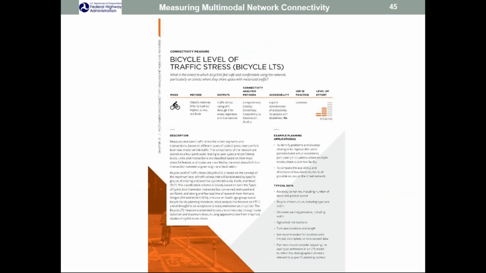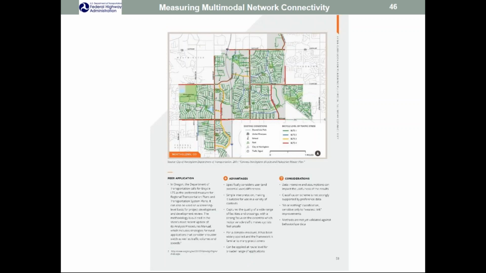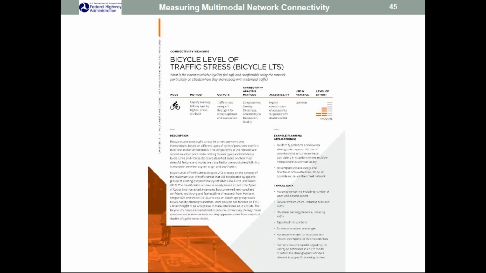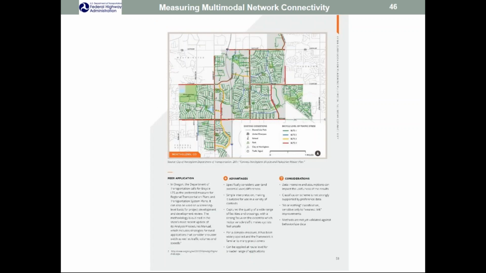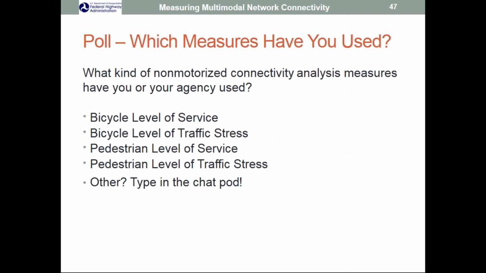They describe the modes, the methods, the outputs, the level of effort, a description of the tool, some background, and then a graphic of what the visual output looks like. Gives you a highlighted peer application, and then some advantages and considerations. So we have these for each of the measures that we popped up on the previous slide, and they're designed to help you pick which tool is going to be best for your job.